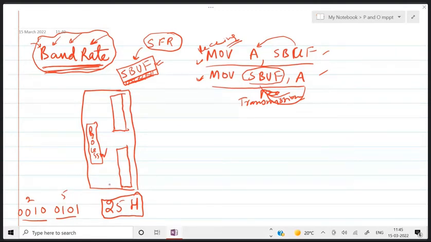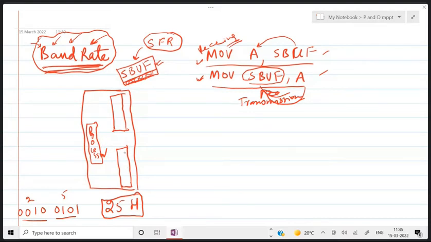So in the instruction, in the code, this data is copied in SBUF. It is not that the processor is involved in transmitting the data.